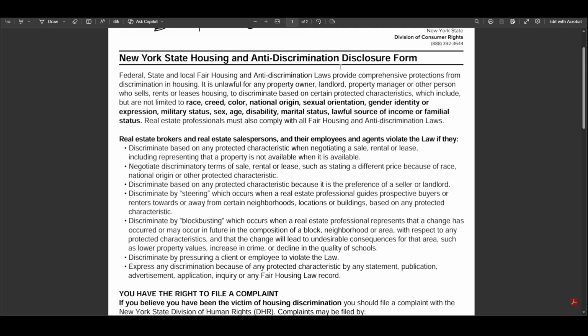The federal, state, and local fair housing and anti-discrimination laws provide comprehensive protections from discrimination in housing.